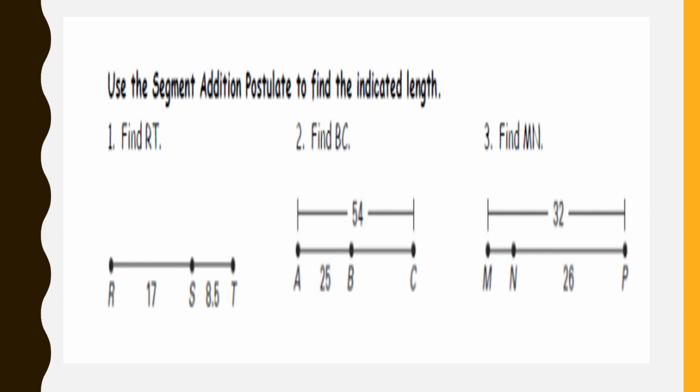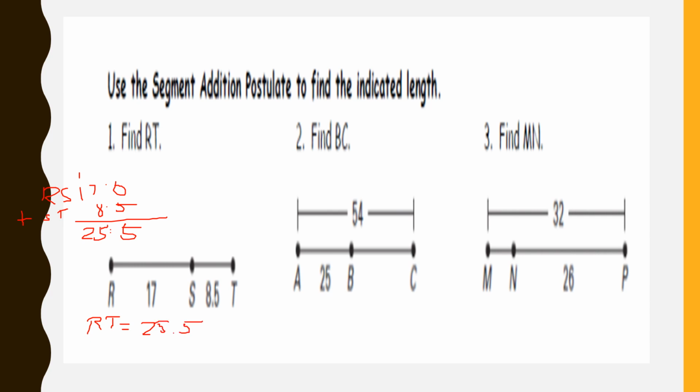Okay, so all you have to do is just add 17 plus 8.5, or RS plus ST. So 5 plus 7 is 12 and 8 plus 7 is 15, carry 1, so we have 25.5. So therefore, RT is equal to 25.5.